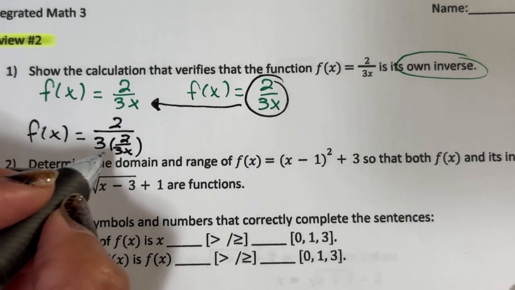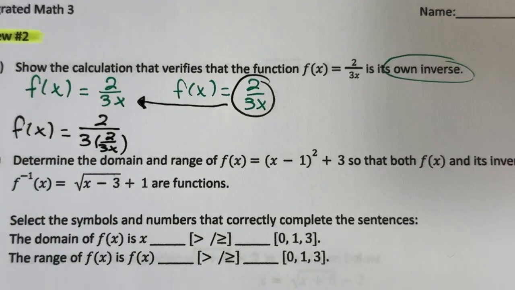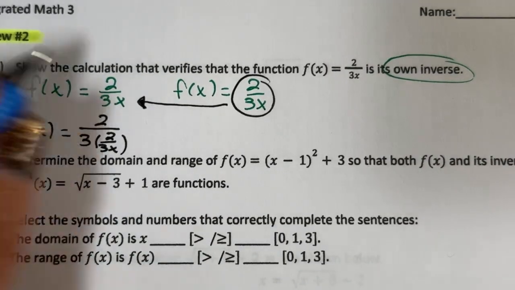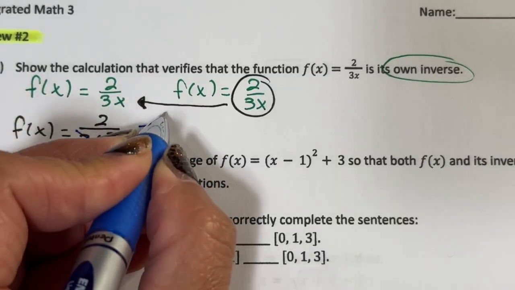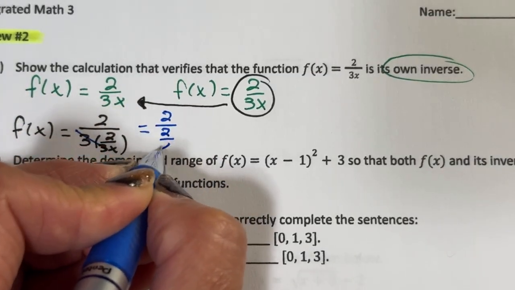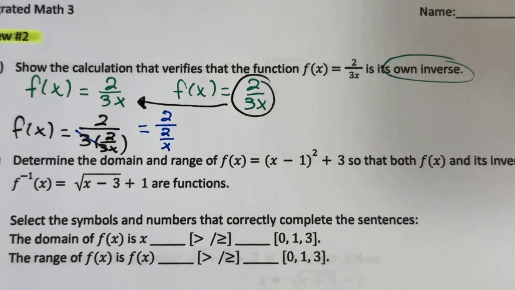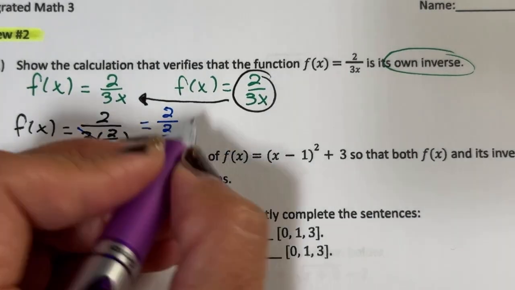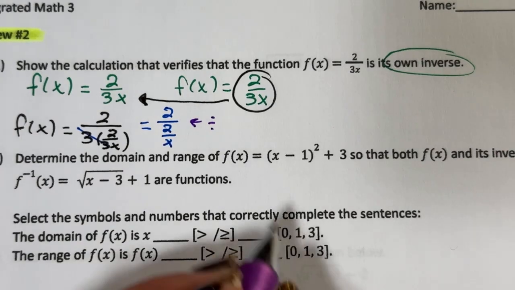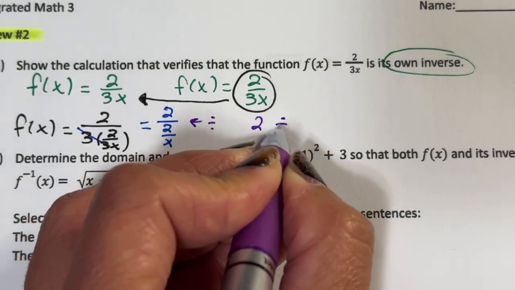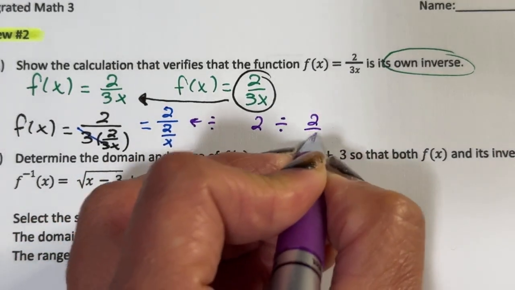Okay, and what's going to happen to those 3's is that one's in the numerator, one's in the denominator. They're going to cross cancel. So now I really just have 2 over 2 over x. Well, let's take that first fraction bar there and change it to the divide symbol. So this is really 2 divided by 2 over x.